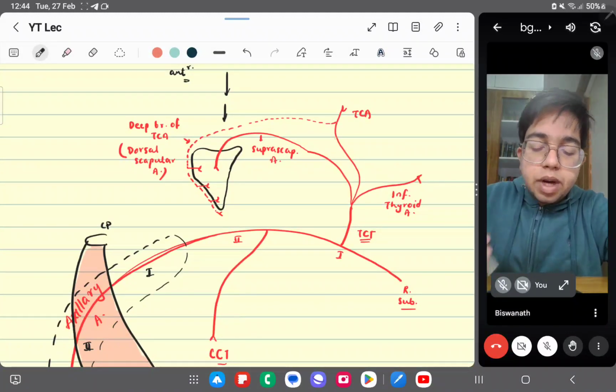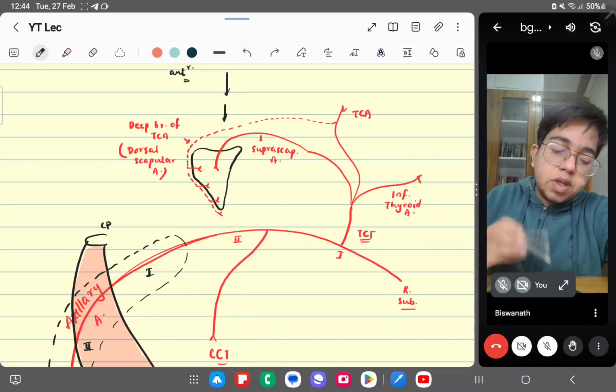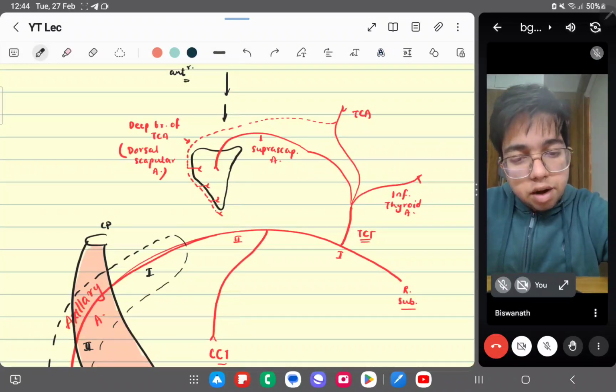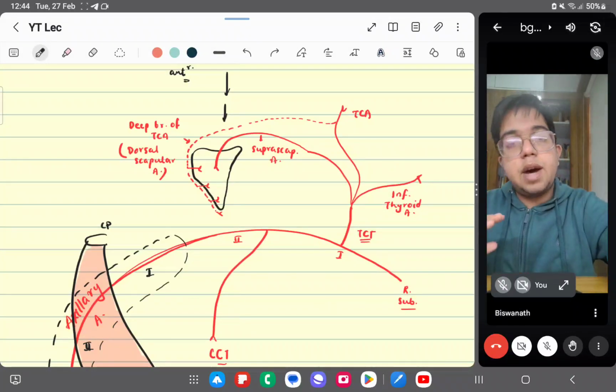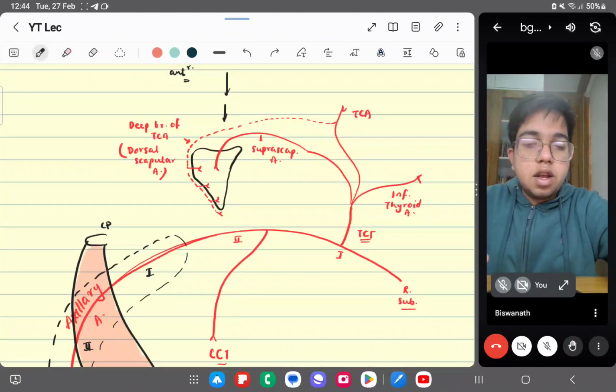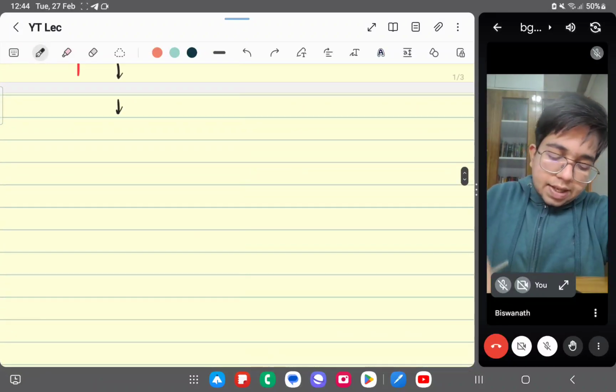Thyrocervical trunk will give the transverse cervical artery. This transverse cervical artery will give a branch which is called the dorsal scapular artery or the deep branch of transverse cervical artery. You can trace? Yes. That's our goal. We have to trace which artery is the branch of which artery. You don't need to mug up the things.